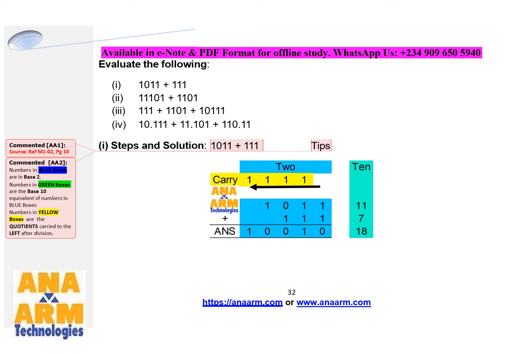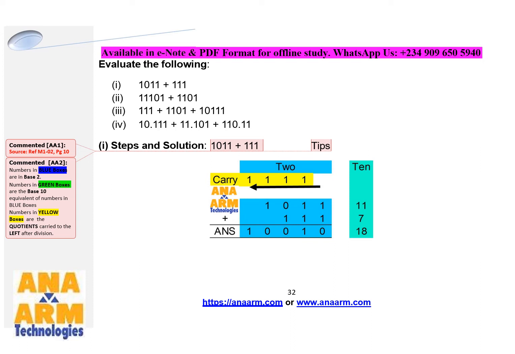As you can see, there is an arrow indicating whatever you have carried directly below the yellow box. So that should be a guide for you.